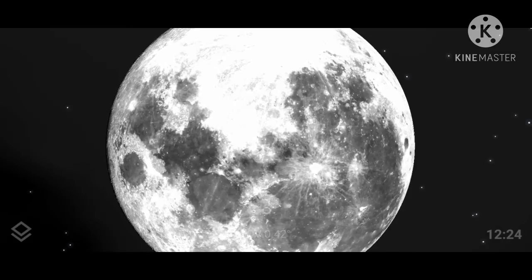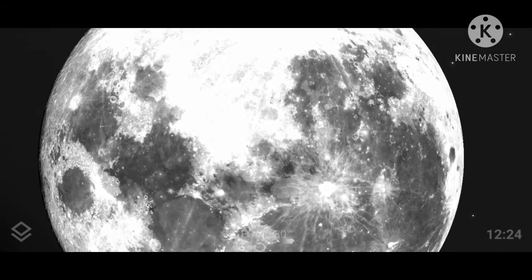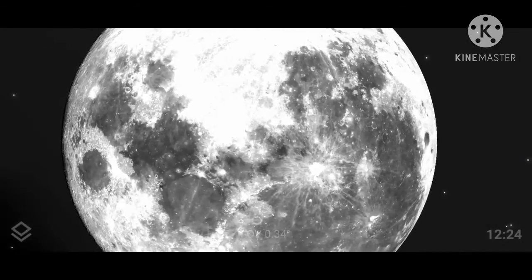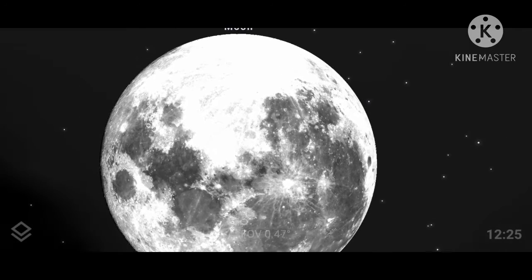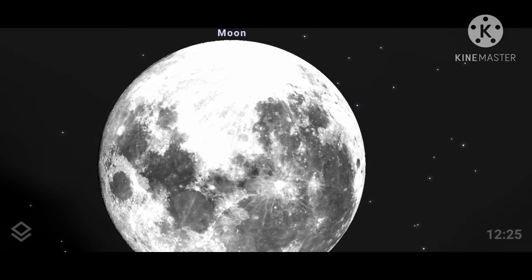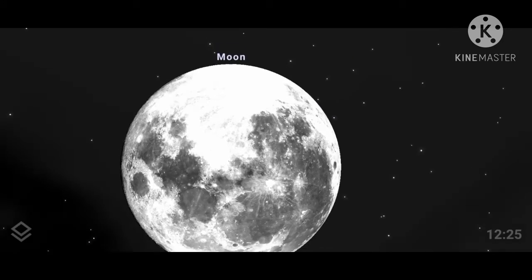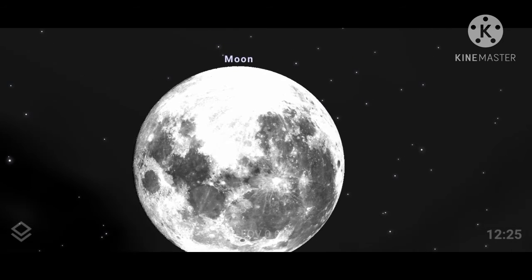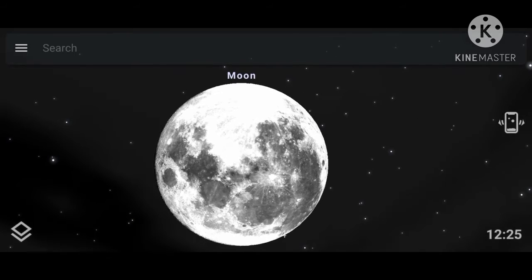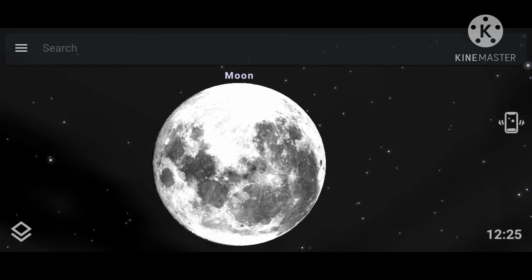So as you can see, this is the actual surface feature of the moon, and it also has theories of its origin, of how it formed, and we will discuss it later in other videos.